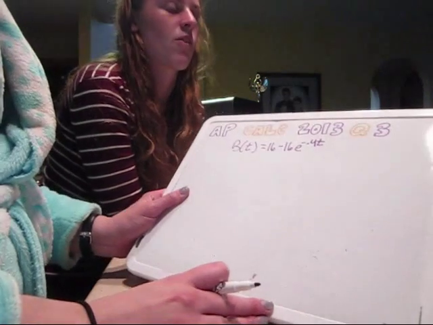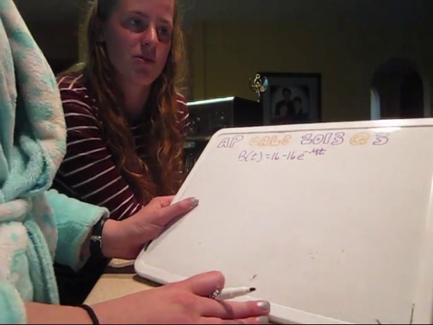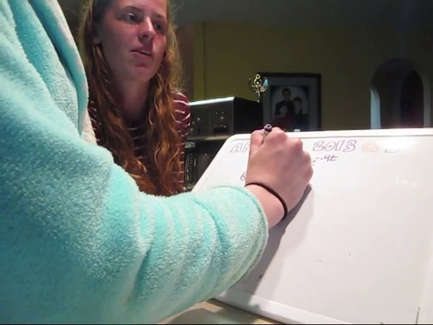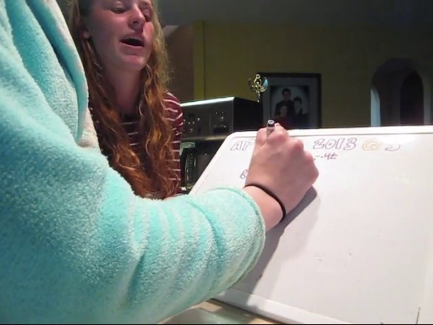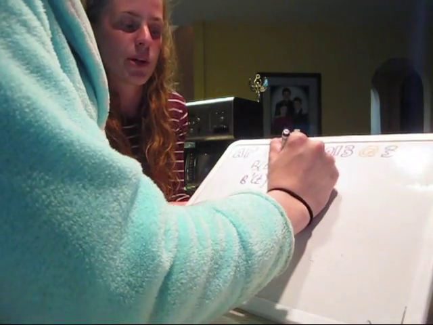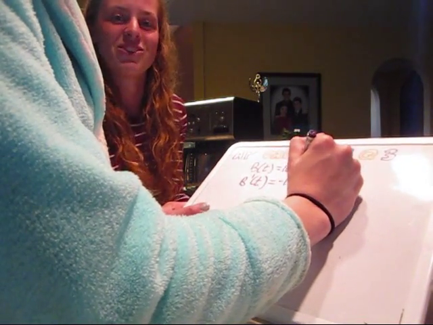Okay, for this next part of the problem, we were given this equation that models the amount of coffee in the cup in ounces. So it asks us the rate at which the amount of coffee in the cup is changing when t equals 5. So to do this, all we have to do is take the derivative of the original equation, which Allie is going to so skillfully do.